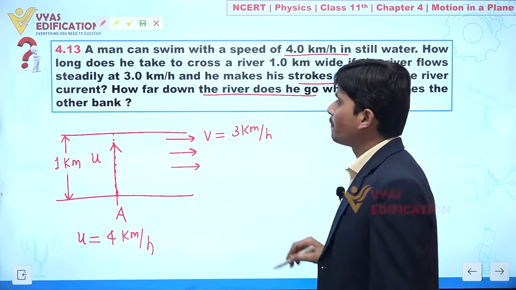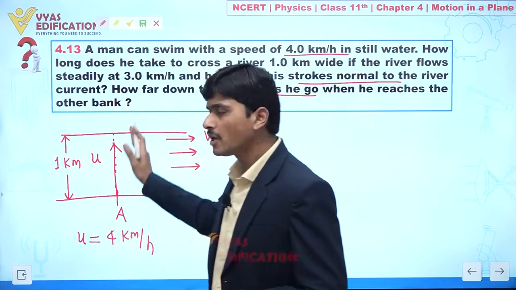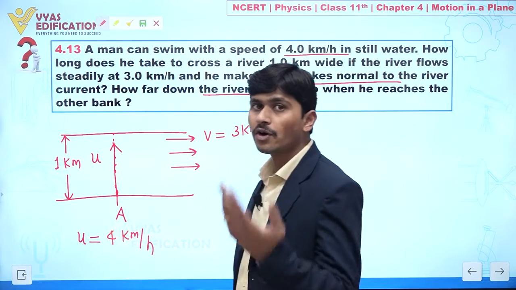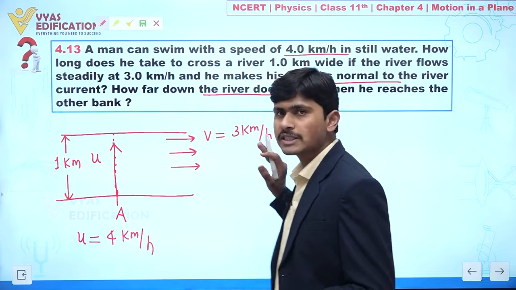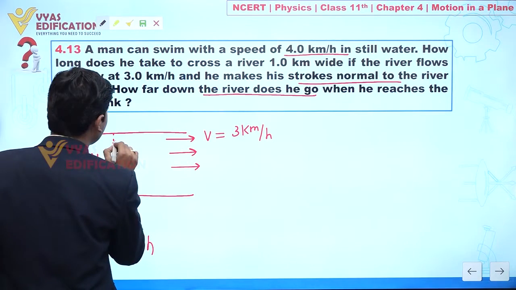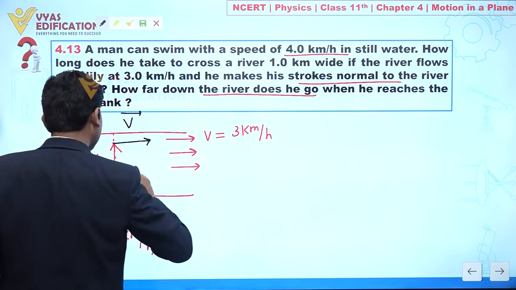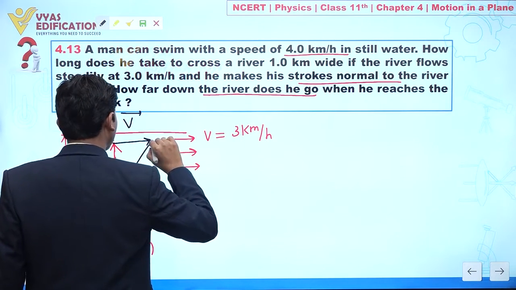And listen carefully. When a person is diving perpendicular to the flow of the river, and the river is flowing in this direction, definitely we know if we add the velocity vector of the river, let's suppose this is the velocity vector of the river, the person will move through this path.